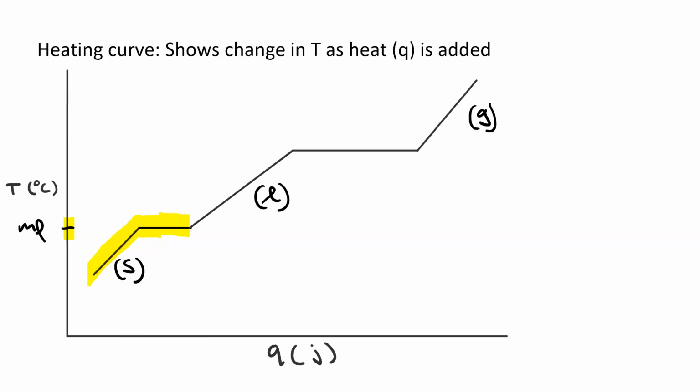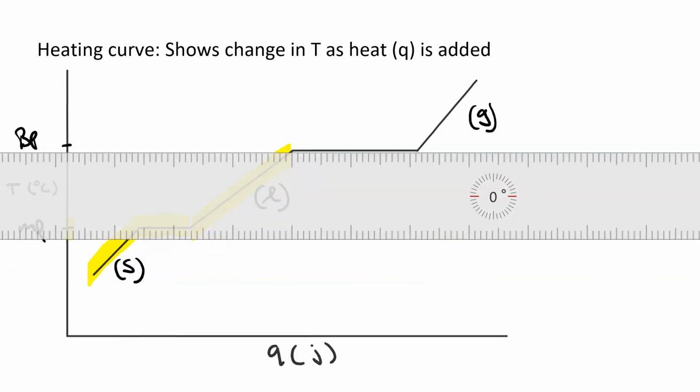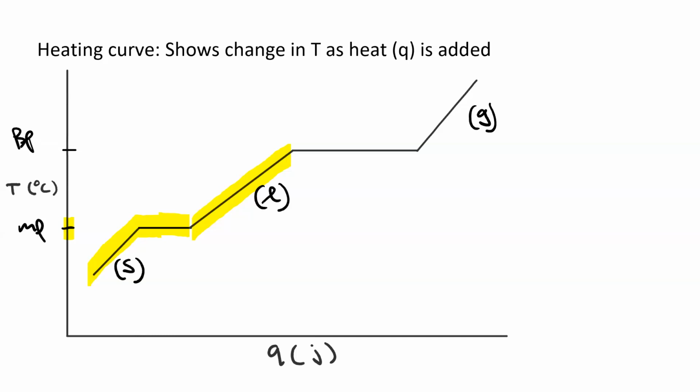When I get onto the next sloped portion, here, now I'm water that's getting warmer and warmer as heat is added. And now it's approaching 100 degrees, which is the boiling temperature, or the boiling point. And once I've reached the boiling point, then when I keep adding heat, the heat goes into boiling the liquid.